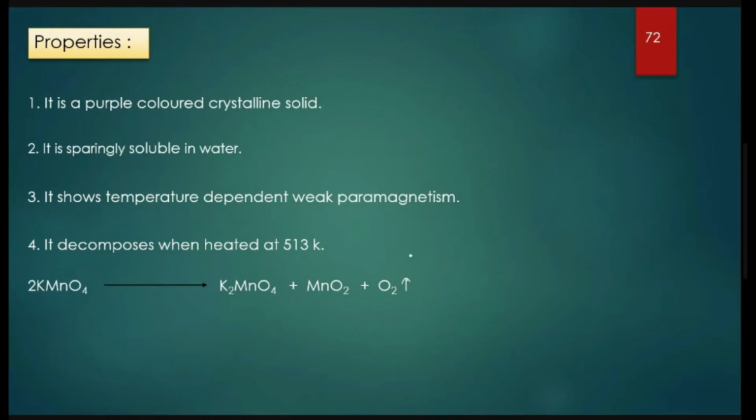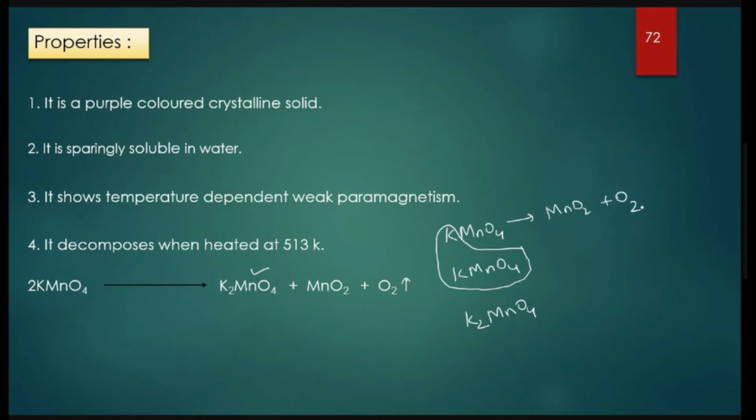Here you can see, this is 1 KMnO4 and this is one more KMnO4, which when heated at 513 Kelvin leads to the formation of K2MnO4, that is potassium manganate, and then this MnO4 will form MnO2 along with the liberation of dioxygen. So this is how it decomposes when it is heated at 513 Kelvin temperature.